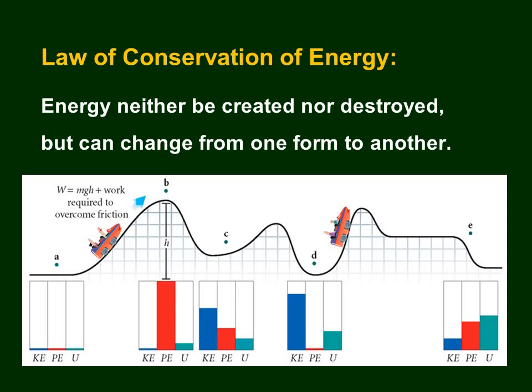Here, the mechanical energy decreases and the internal energy increases. So here the law of conservation of energy is satisfied, because the mechanical energy is changed into internal energy. This internal energy causes the cart's temperature to increase and the surrounding air temperature to increase also.